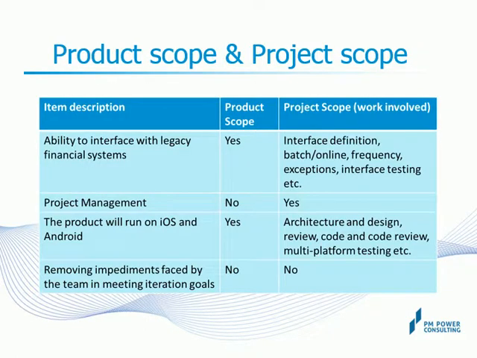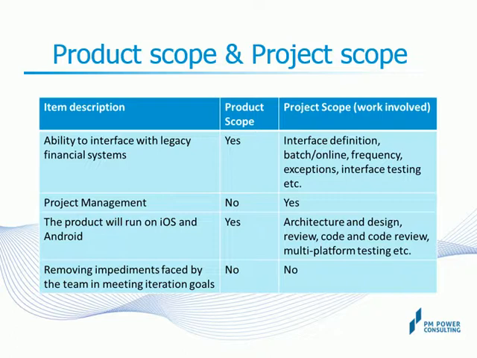Here are some examples to show the difference between product scope and project scope. Take a look at the first one. Ability to interface with legacy financial systems. That's a characteristic of the product that you are building and hence is part of product scope.